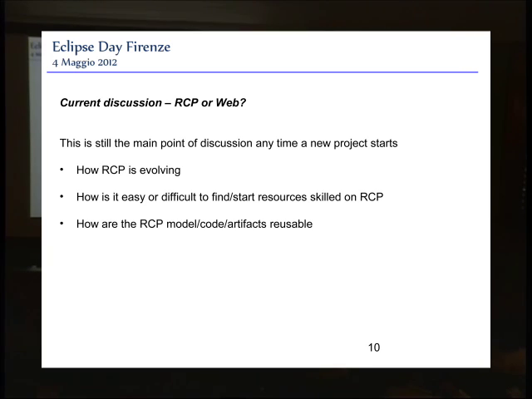Normally, when you start a new project, it's easier to find people with web skills and not RCP skills. That is a real problem. And of course, okay, we could consider RAP, all that kind of stuff, how to reuse what we have done with one technology with a different technology.